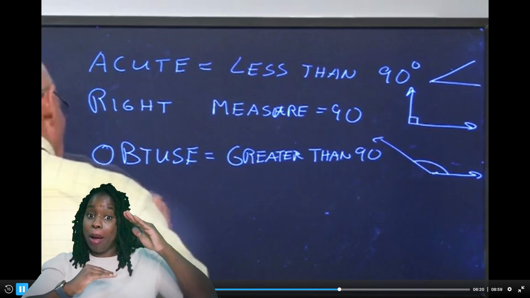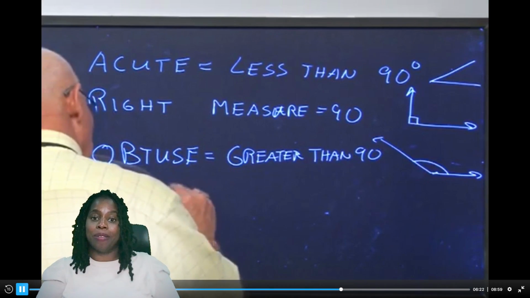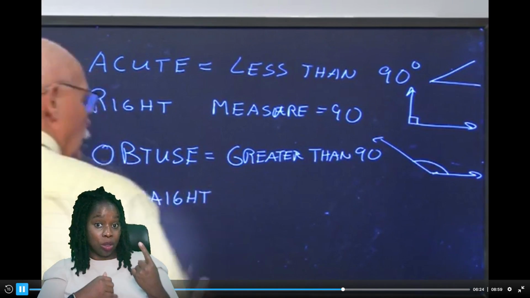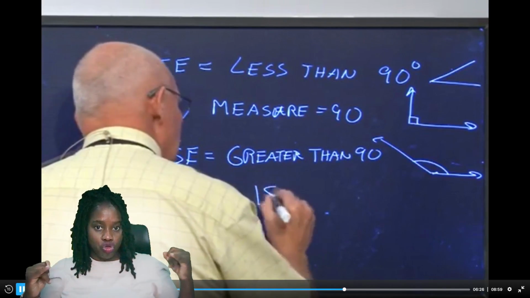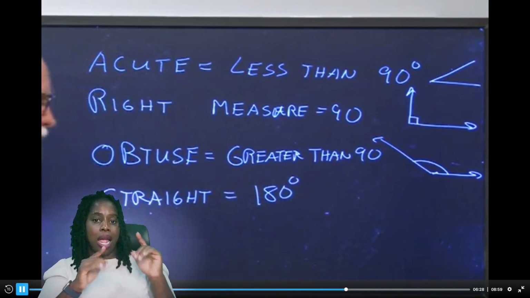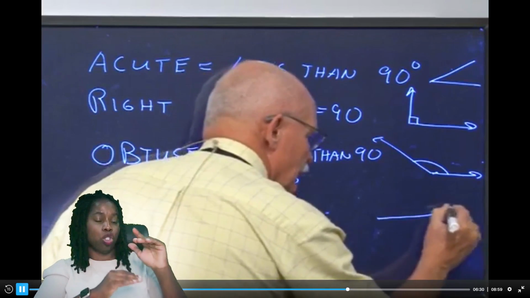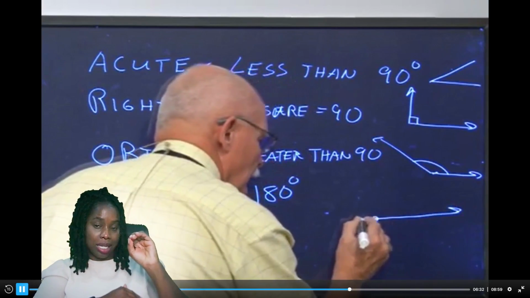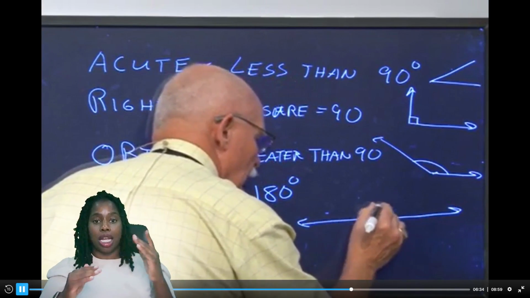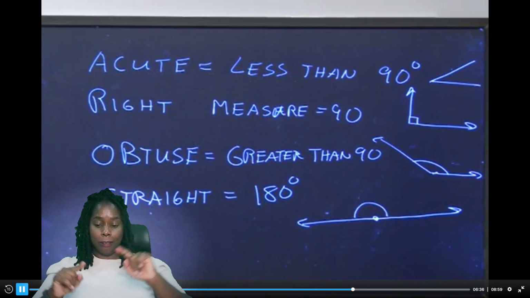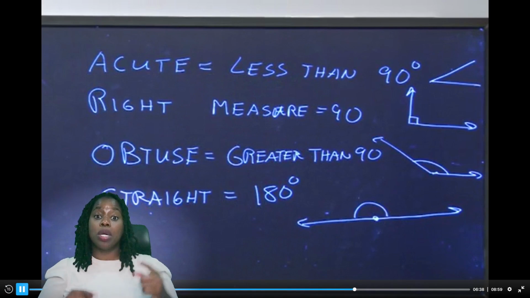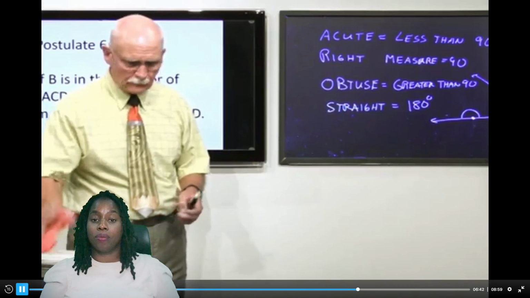And then we have what we call a straight angle. And that's when it's equal to 180 degrees. In other words, one side of the angle and the other side of the angle are just opposite rays. So that's a 180-degree angle, or what we call a straight angle.